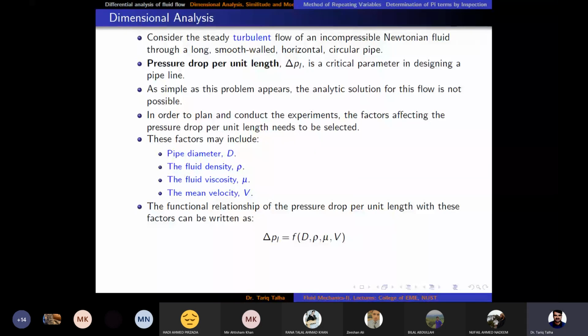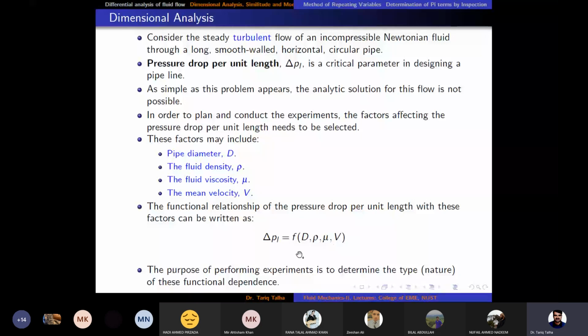But you need to know these things before you can understand those complex things. Okay, so these are equally important, but actually you are going to do things which are a little bit more comprehensive. So first of all, we write the functional form that pressure gradient is dependent upon these four parameters.